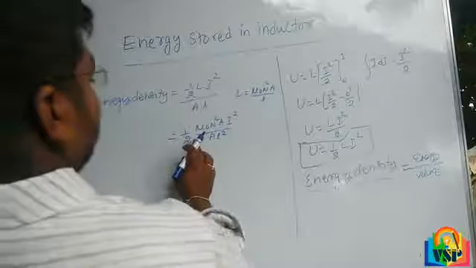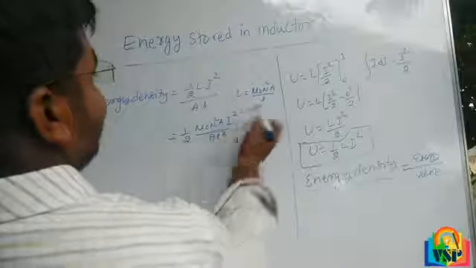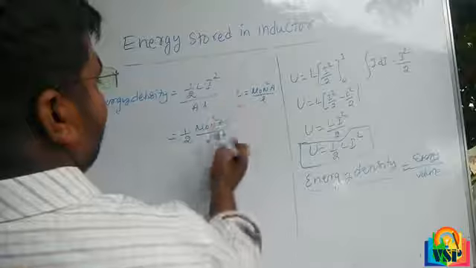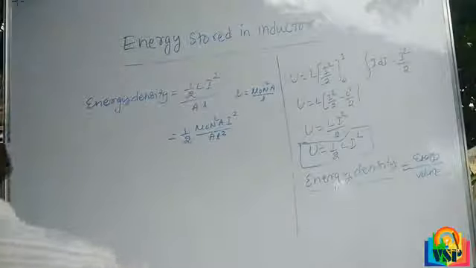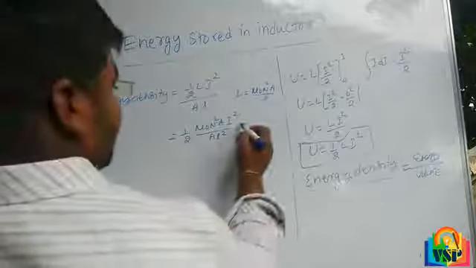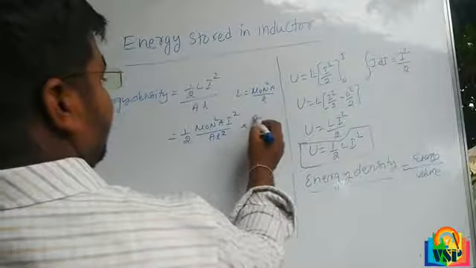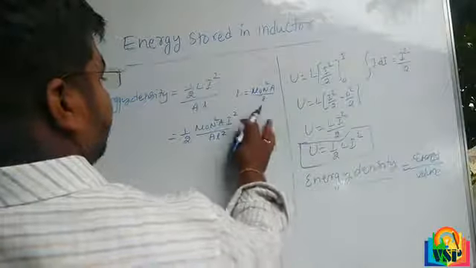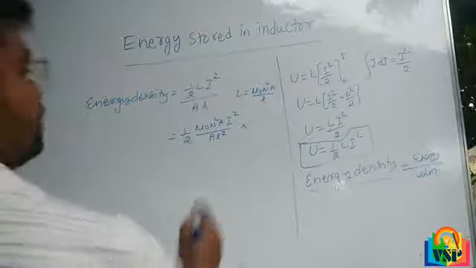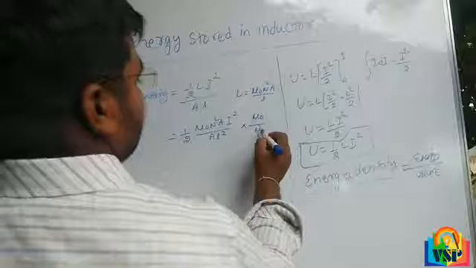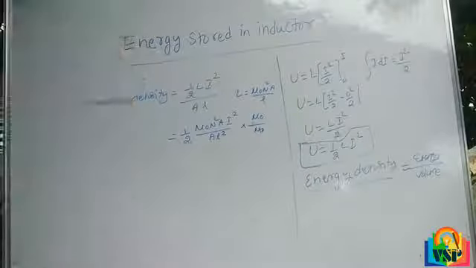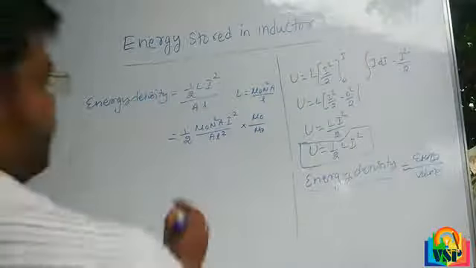Understand? 1 by 2 mu naught N square A I square divided by A l, and here l into l gives l square. In numerator and denominator we multiply by mu naught.